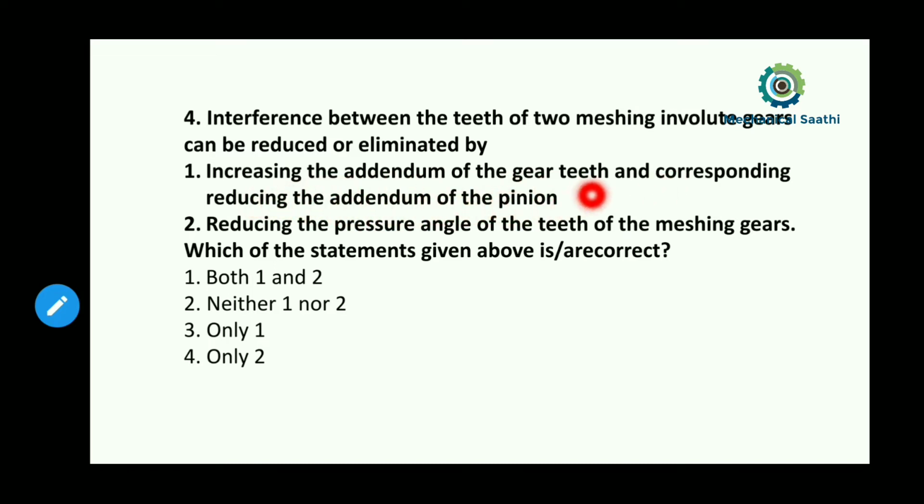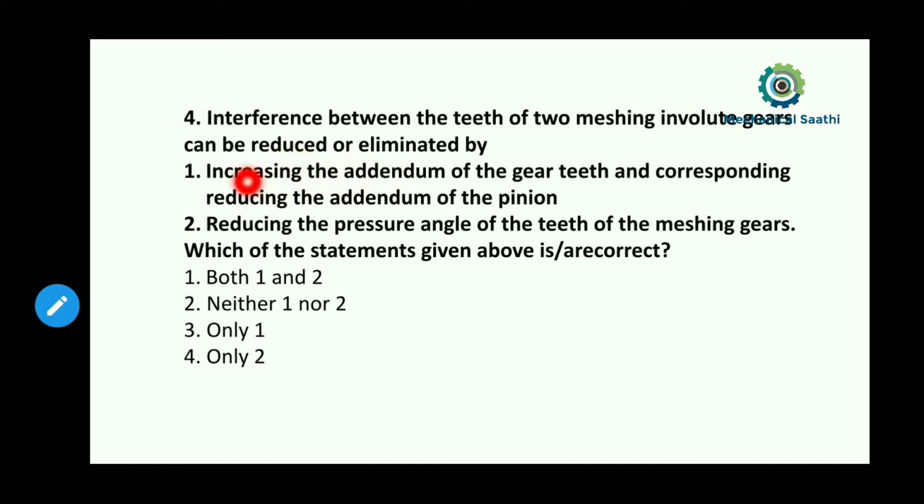Obviously by doing this we can eliminate or reduce interference. If you increase the addendum of the gear teeth and reduce the addendum of the pinion, then we can reduce the interference between the gear and pinion.